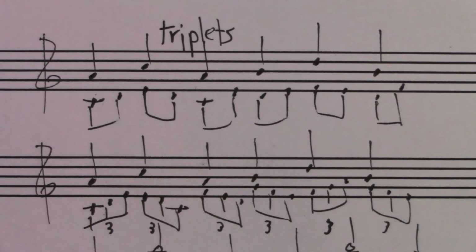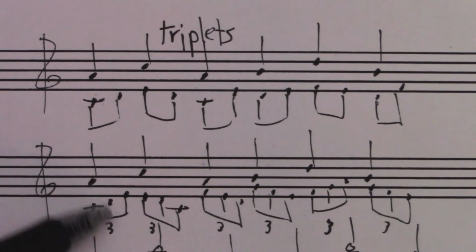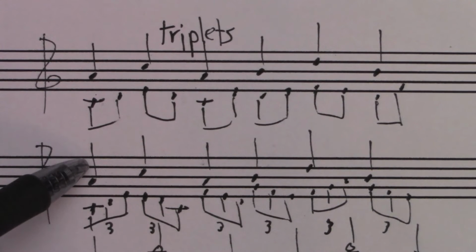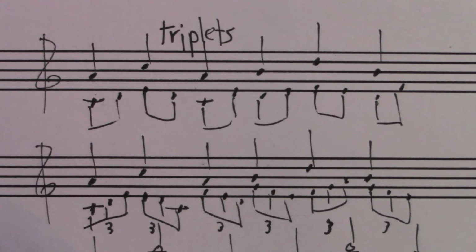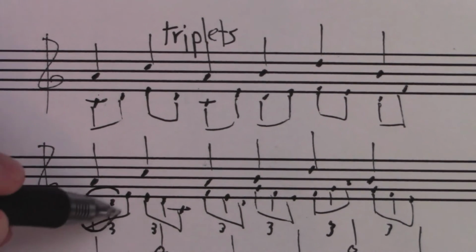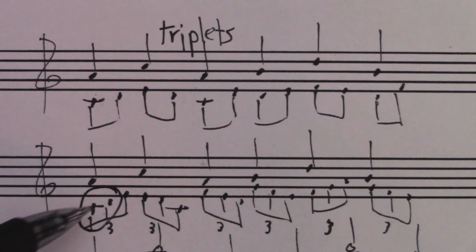Okay? Now, how do we know how much space the triplet takes up? Well, obviously, 3 eighth note triplets fit into one quarter note. And that's our clue. If you look at a triplet, whatever the first two note values are, that adds up to your beat.